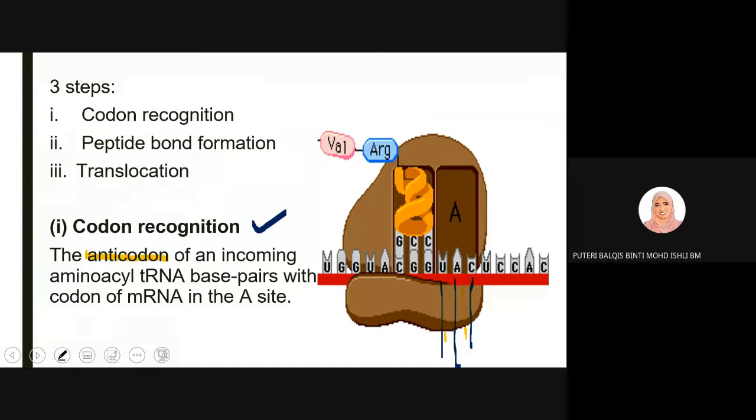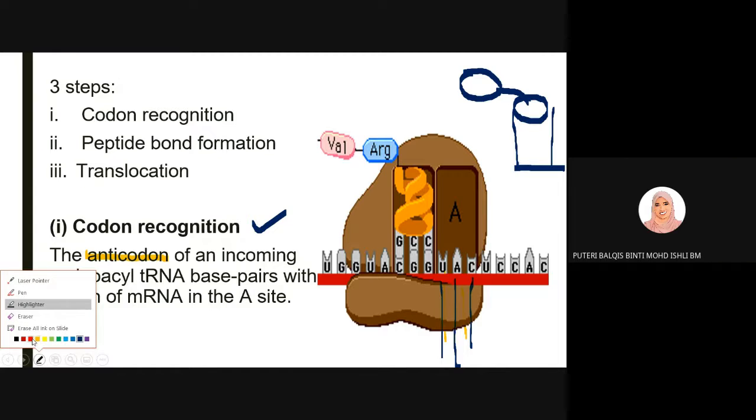So UAC. So next tRNA, okay, yang bawa amino acid apa? UAC, apa dia punya amino acid? Tolong tengok kejap genetic code table. Tyrosin, TYR. So amino acid TYR.